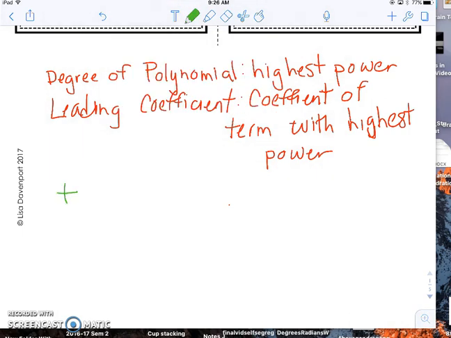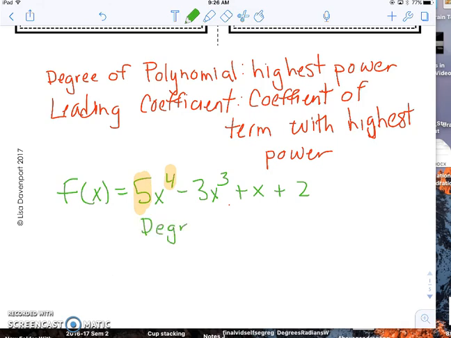We said, what if f of x equals 5x to the fourth minus 3x cubed plus x plus 2. And we said our highest power is 4, and the leading coefficient is 5. So our degree equals 4, and I'll write LC for leading coefficient is 5.